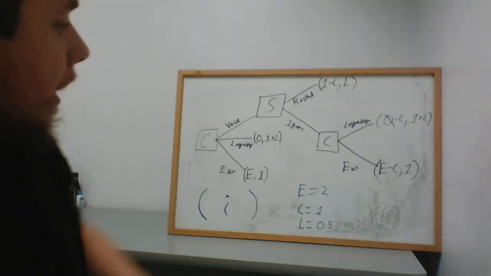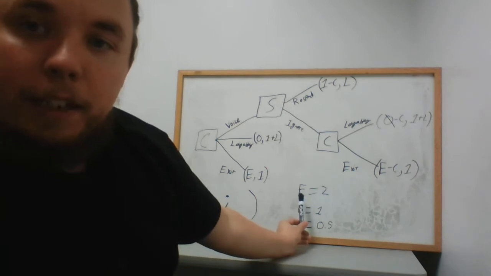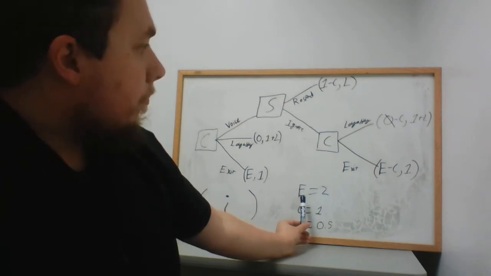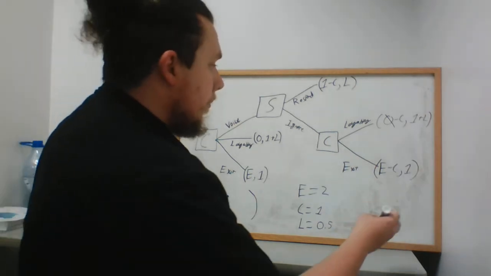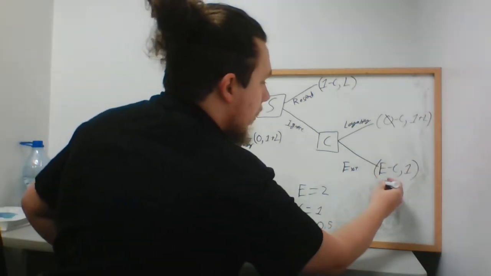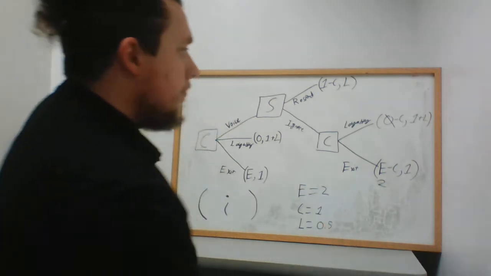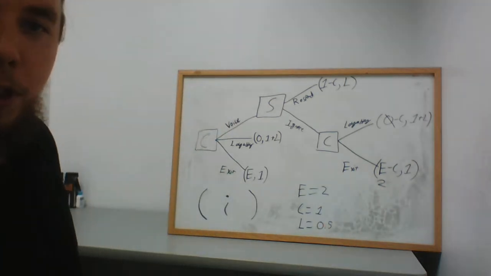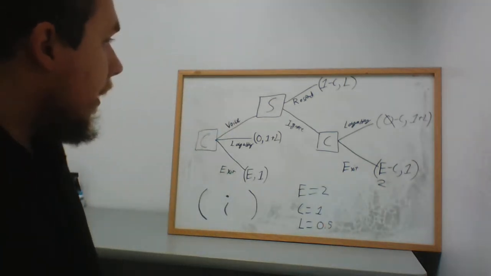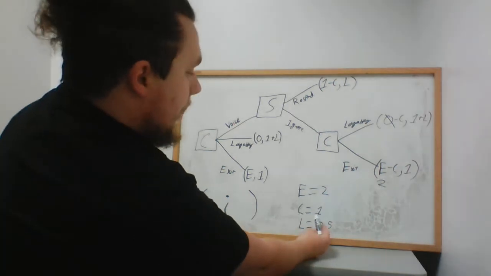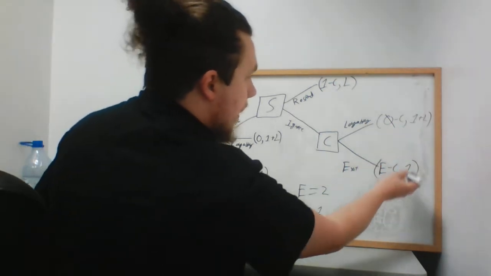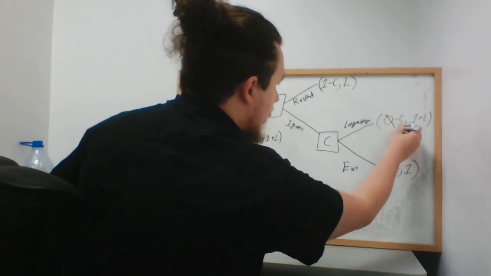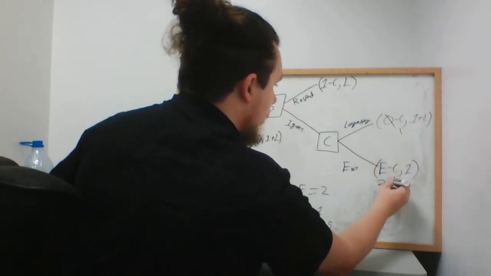So we actually happen to know exactly what E is here. E equals 2. If you wanted a piece of scratch paper or something, you could cross that out and write 2. Right? We know that equals 2. We also happen to know what C equals here. C equals 1. Right? So we can cross out C in both of these cases and write 1.